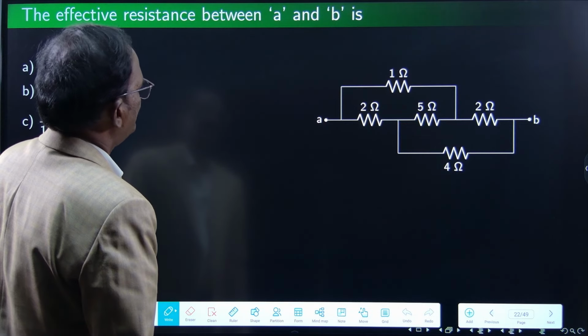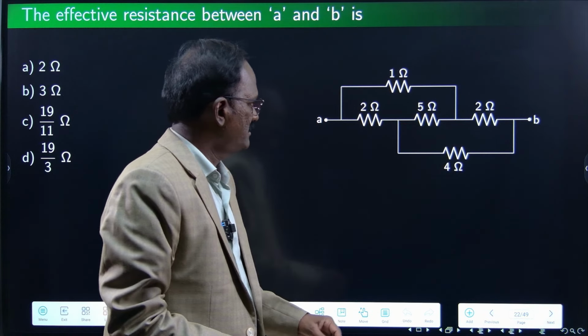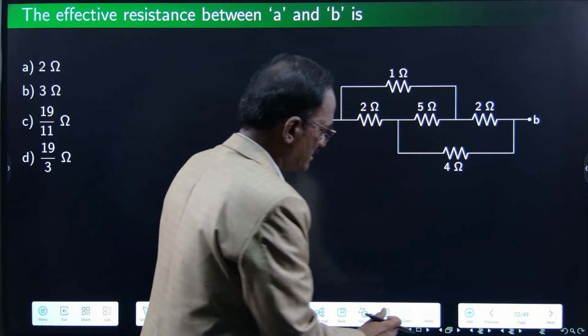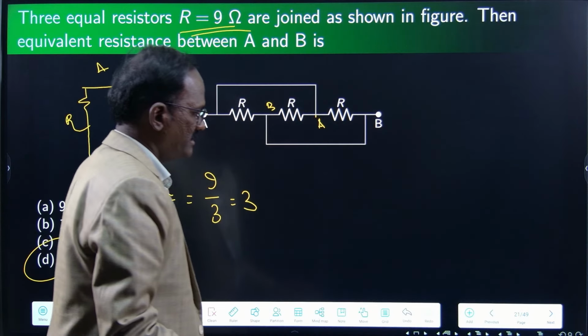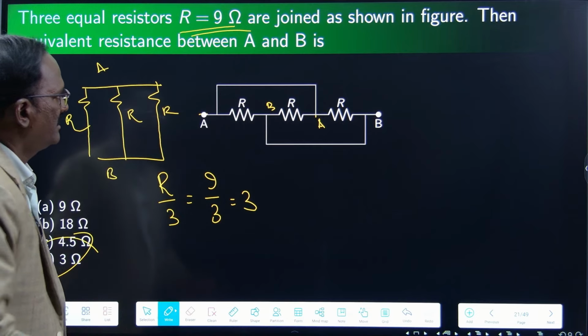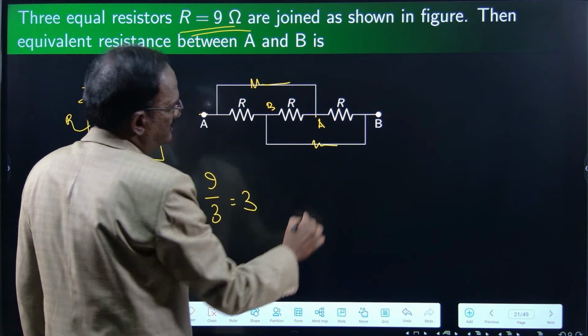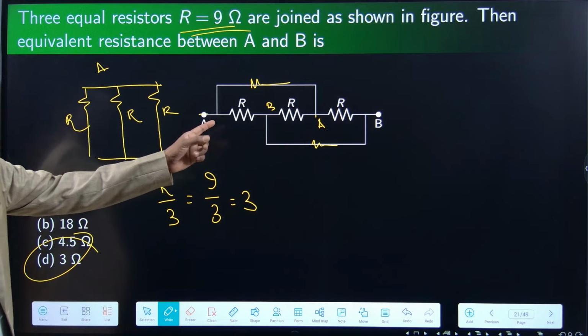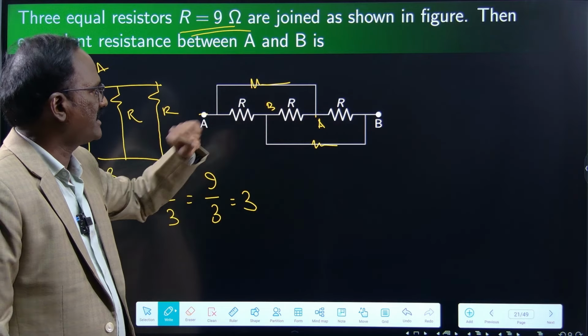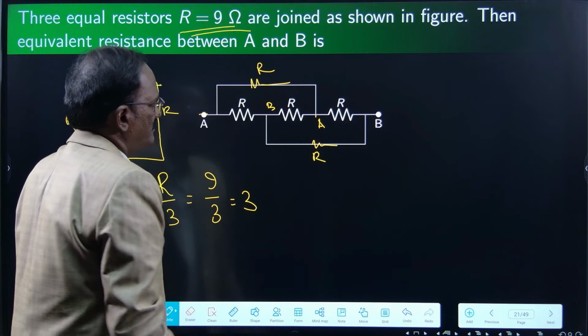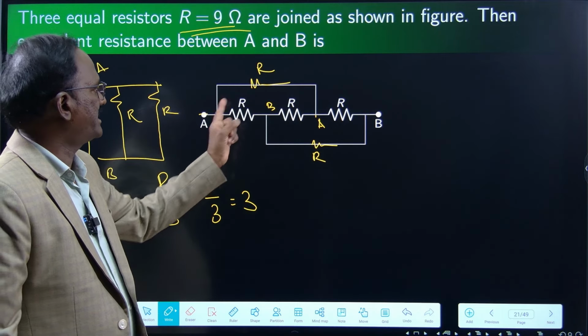The effective resistance between A and B is. It looks similar to the problem we have discussed earlier. In the previous problem, instead of the short circuit, if we have another resistor, say this is R ohms, we can't make it as A here.